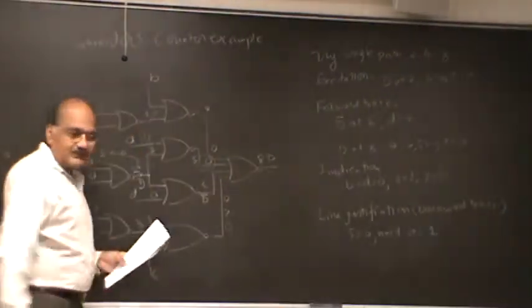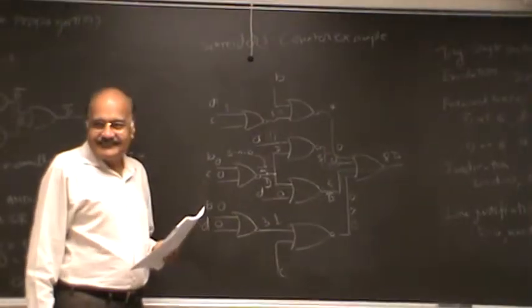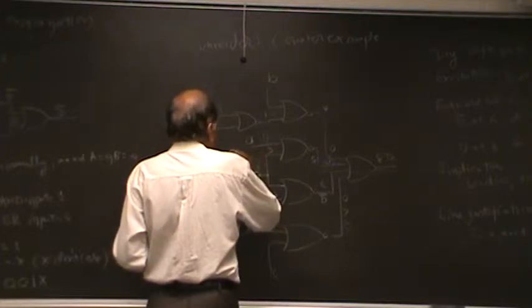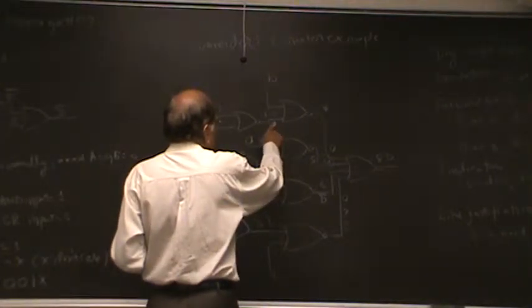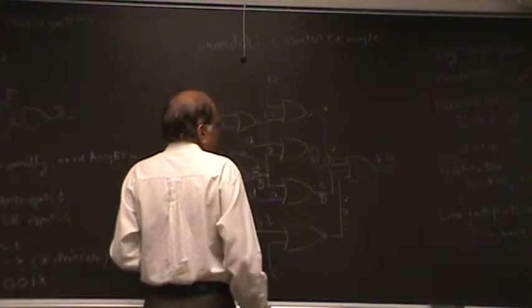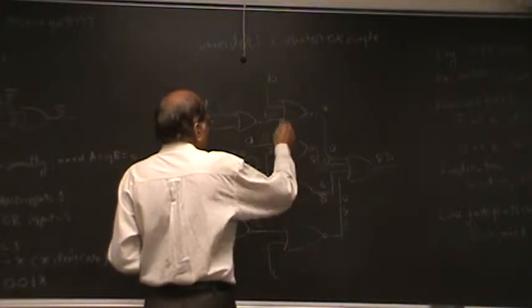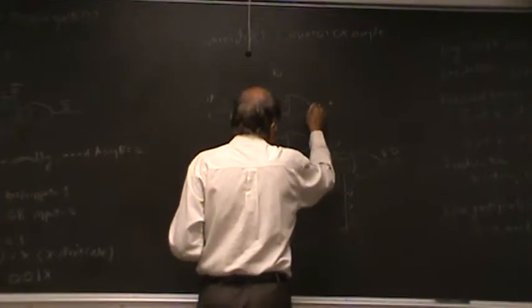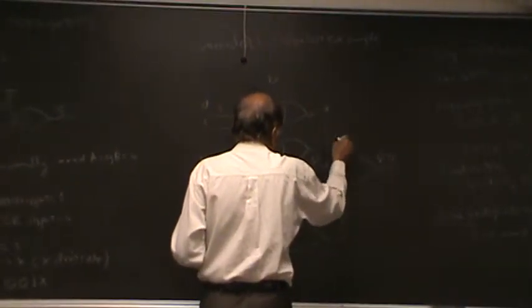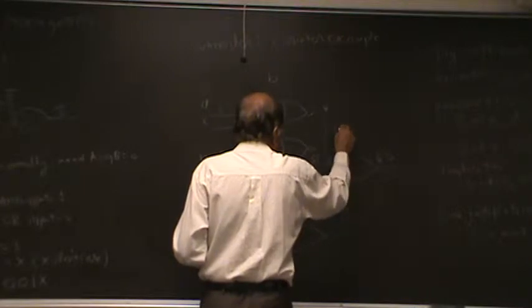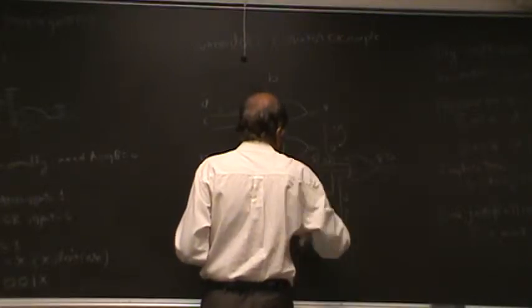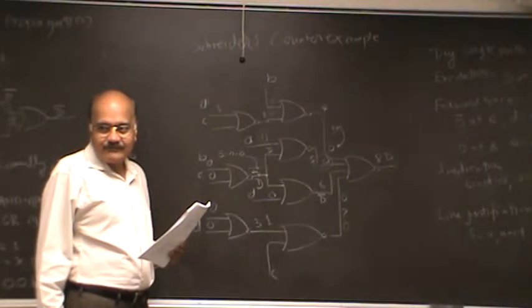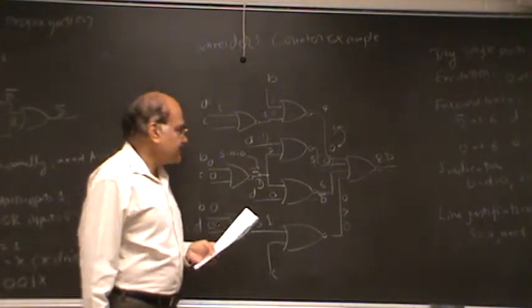So I probably shouldn't have chosen label 1, but as long as you remember. So this is going to be a 0, and since we have chosen B to be 0 already, this is going to be a 0, and hence this is going to be a 1. But that doesn't work, because we wanted to get a 0 there. So we have an inconsistency, right?